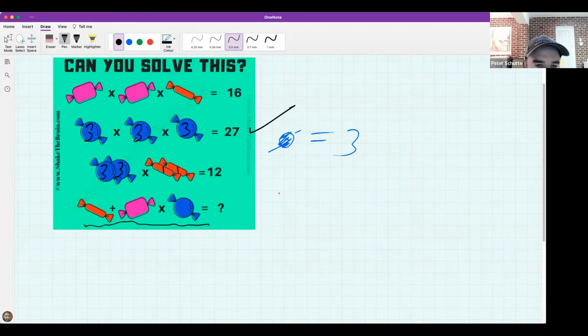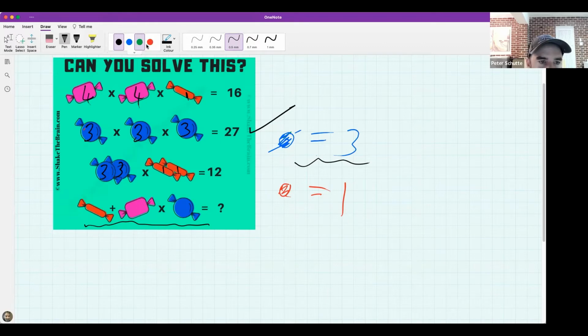I know that the blue suite has to be 3. If I got 2 of them, I've got 6, which means 6 times 2 is 12. So one red suite must be equal to 1. Now, if I go to the very top, if I make this a 1, then the pink suite must be 4 and 4.